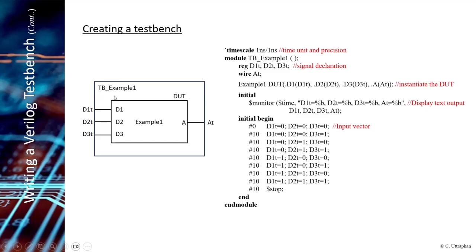But the first thing is that you need to write a new code, a new module, just like we create a new module. We call it a test module. Okay, and you need to instantiate or call your design in that new module before you can test.